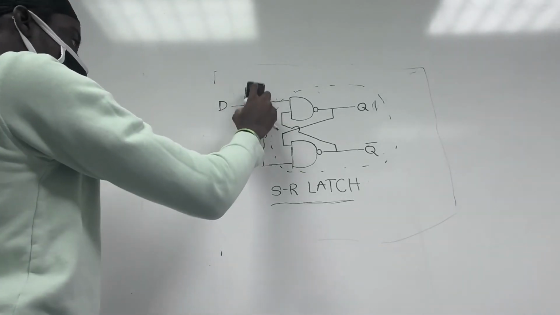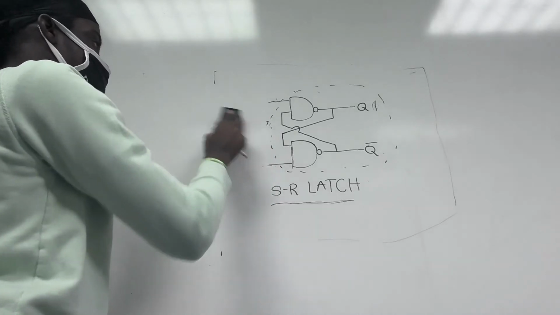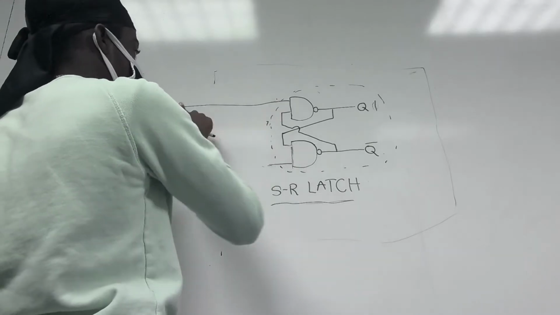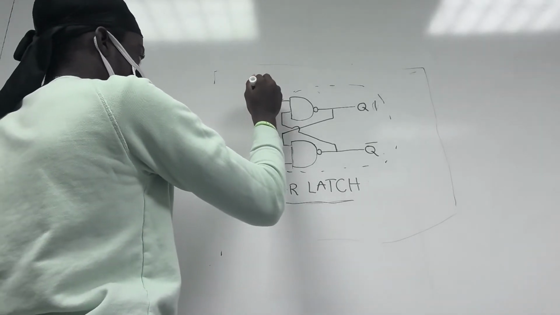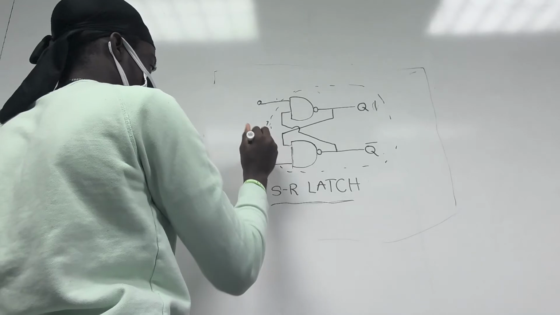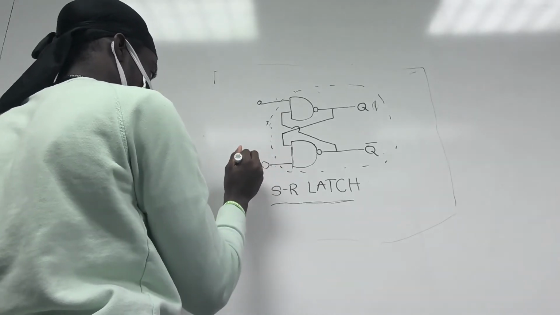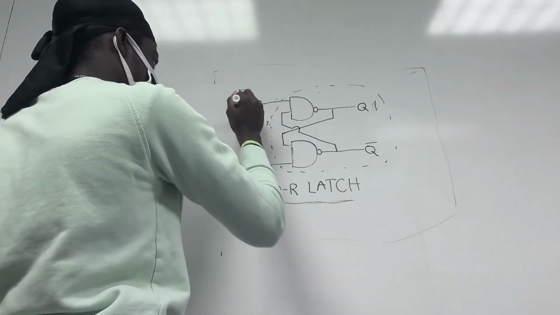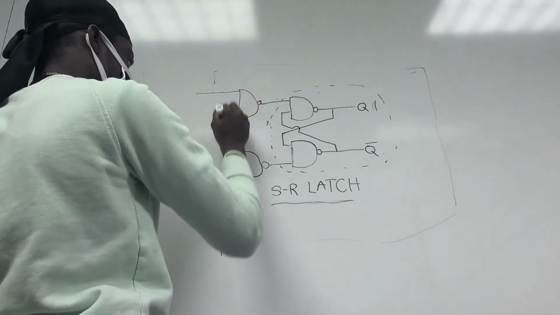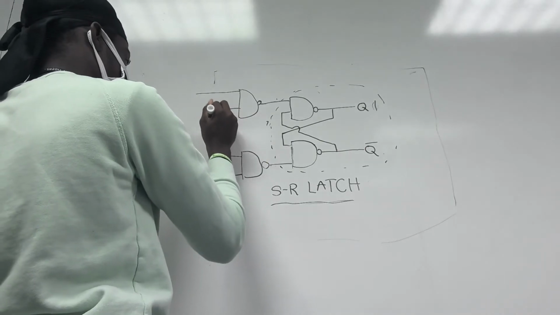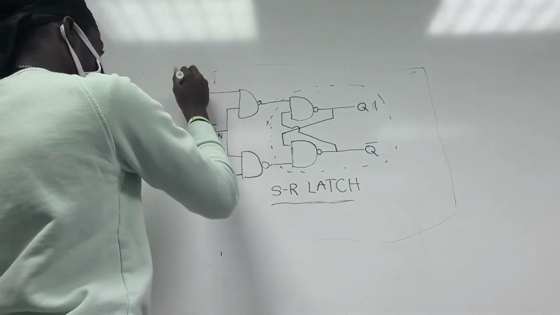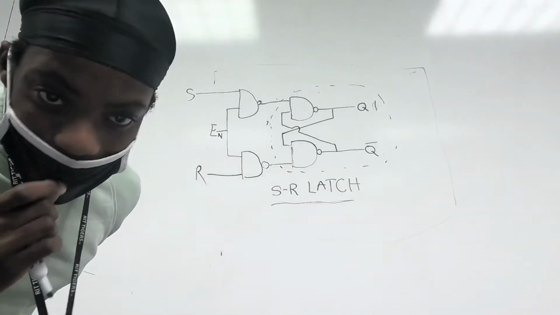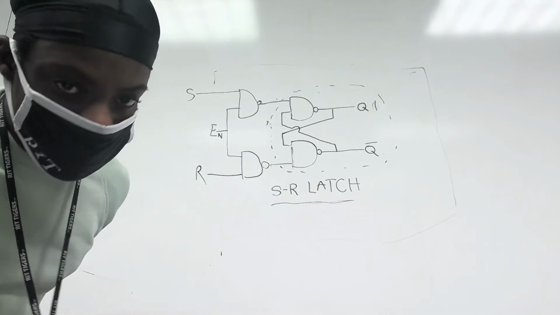So let's go back to our SR latch with enable. That's wrong. SR latch with enable. I just explained why we have D latches.